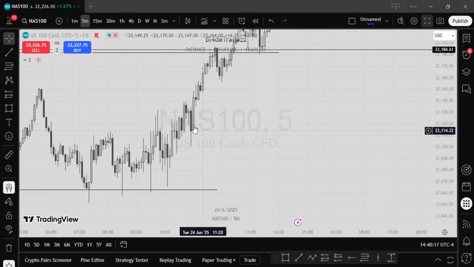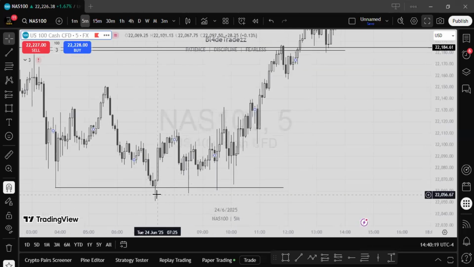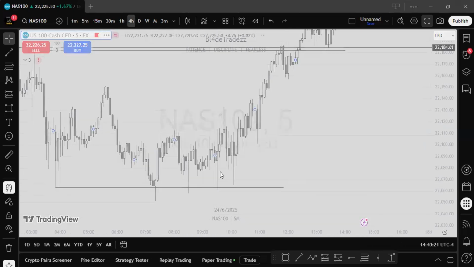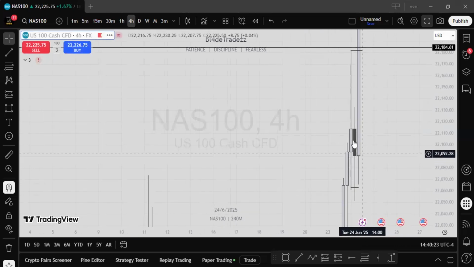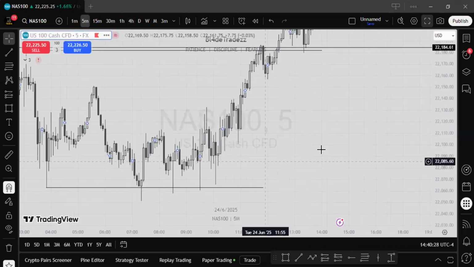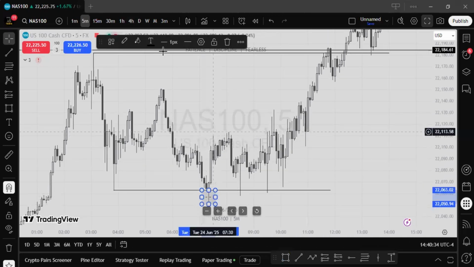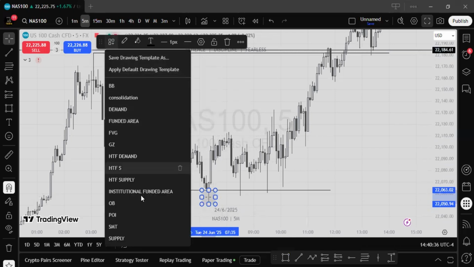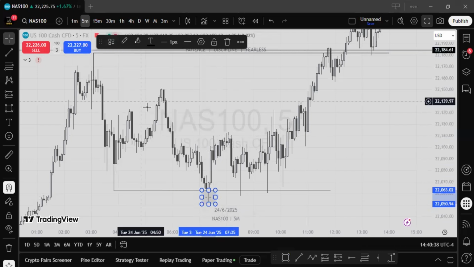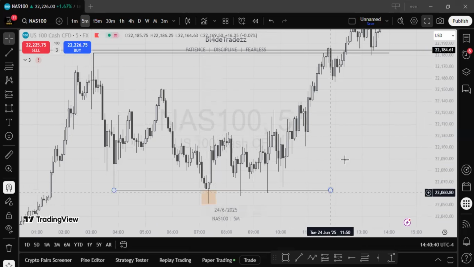That's that range. And then we have this one where it's swept, which is this candle here. Right after that, we had a sweep. I'm gonna mark that out in this color.